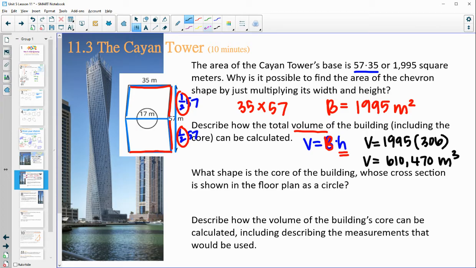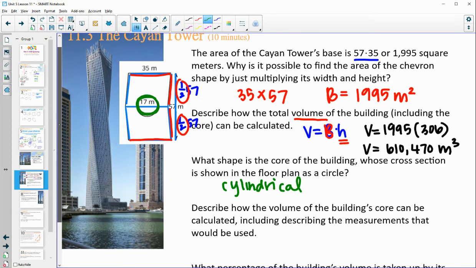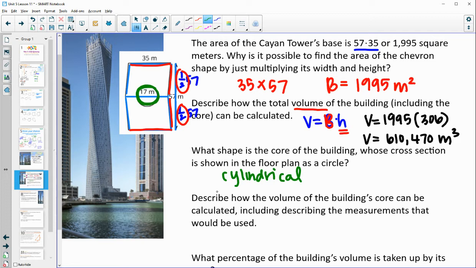And then we talked about the shape of the core here. So this is cylindrical. It's just going to go down this center. And so we said it's cylindrical, or a cylinder shape. So how would the volume of the building's core be calculated? So again, it would just be area of its base shape times the height.